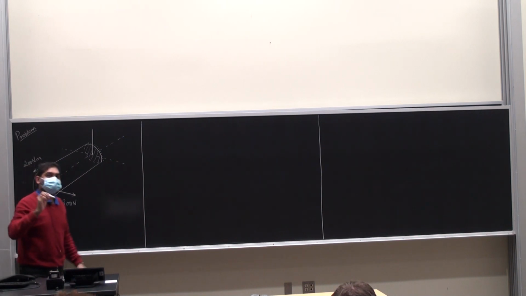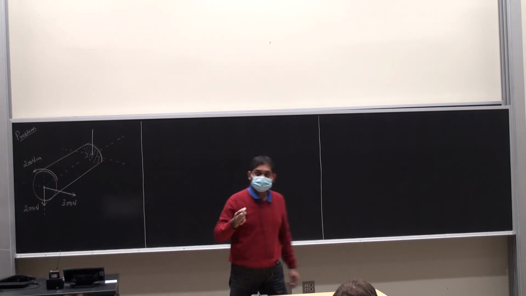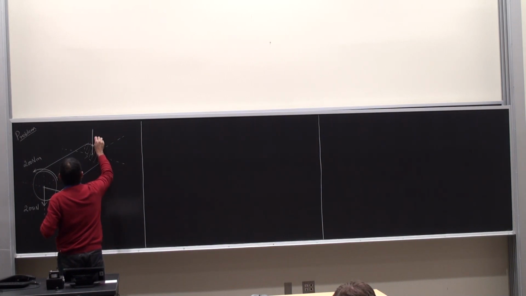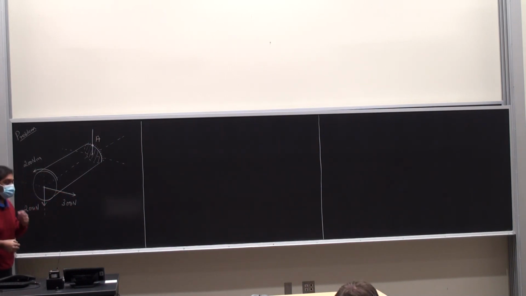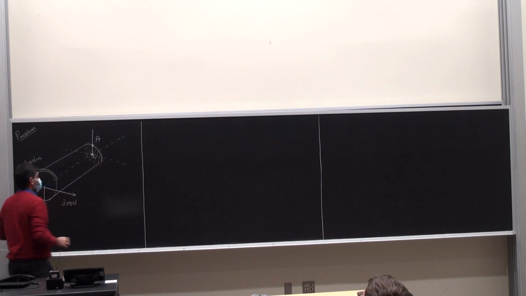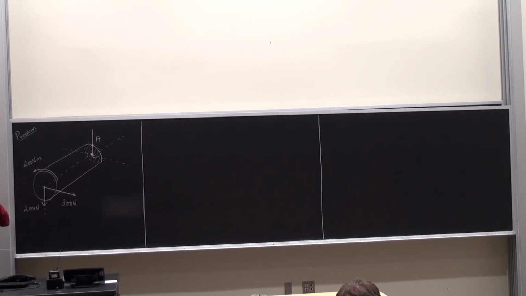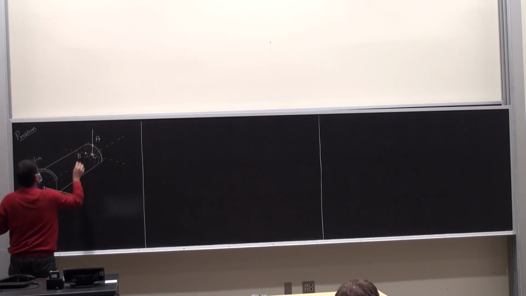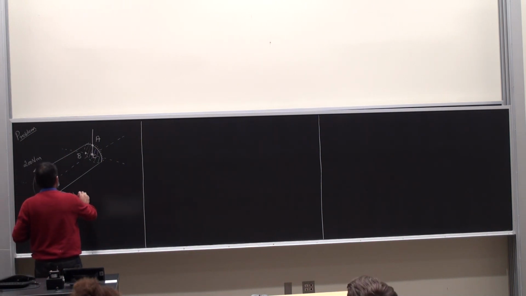And I'm going to choose 3 points on here. One is the topmost point, which I'm going to call point A. Then I have the center C. Then on the other side I have this point, which I'm going to call point B. The length of this pipe is 1 meter.